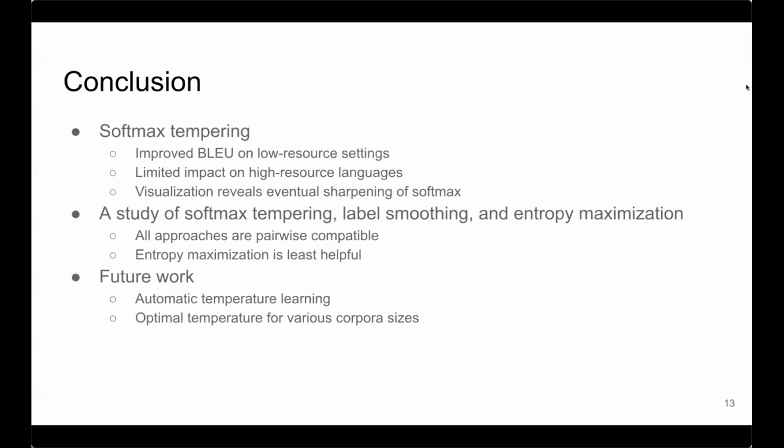And the visualization of our softmax distributions shows that because of using softmax tempering, the softmaxes eventually end up being sharpened. We also performed a study of softmax tempering, label smoothing, and entropy maximization to determine their compatibility, and we observed that they are to some extent compatible. We also observed that entropy maximization is helpful, but the least helpful.